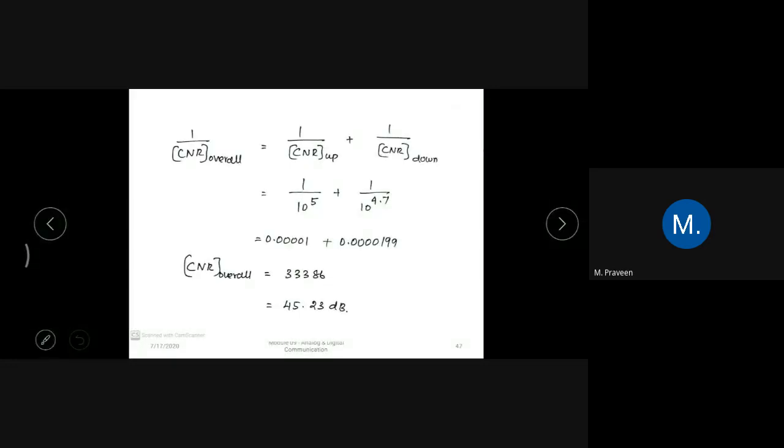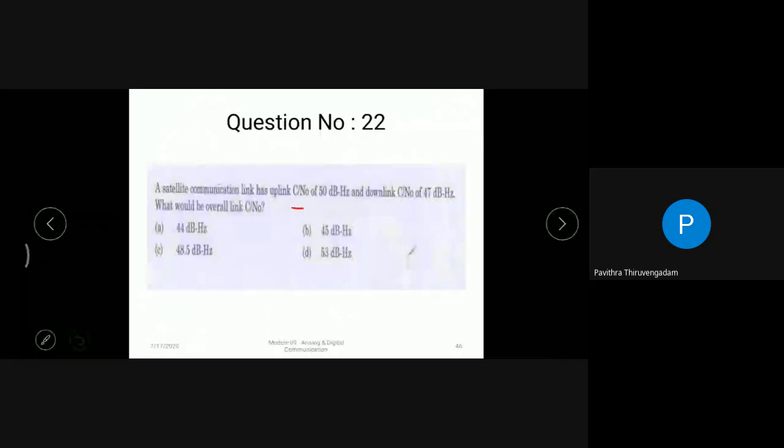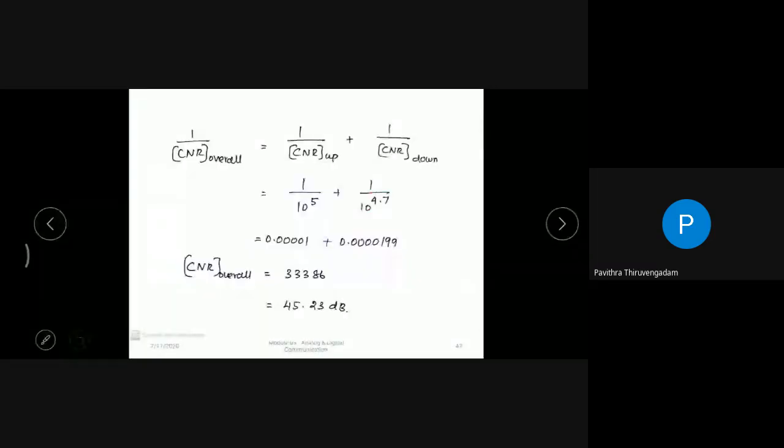The uplink CNR is 50 dB, which in normal numbers is 10 to the power of 5. For 47 dB it is 10 to the power of 4.7. We all know the conversions from normal numbers to dB and dB to normal numbers. Since they gave 50 dB, I wrote 10 power 5, and since they gave 47 dB, I wrote 10 to the power of 4.7.